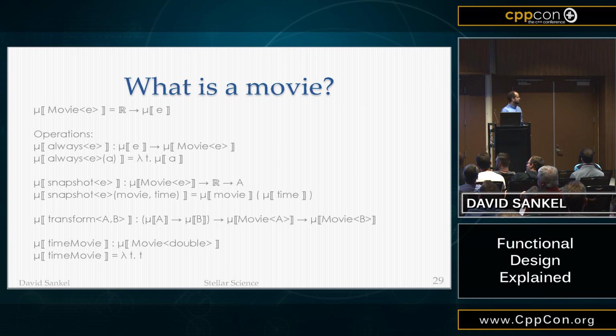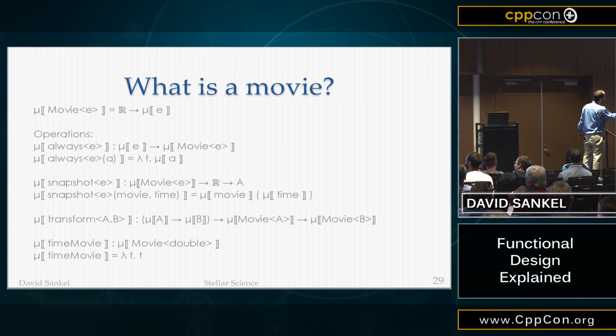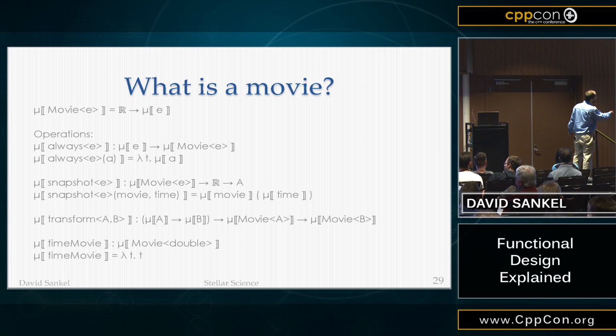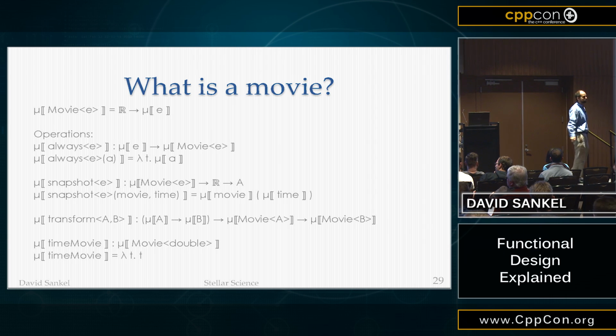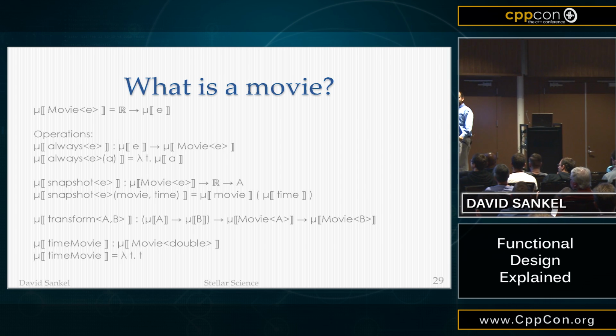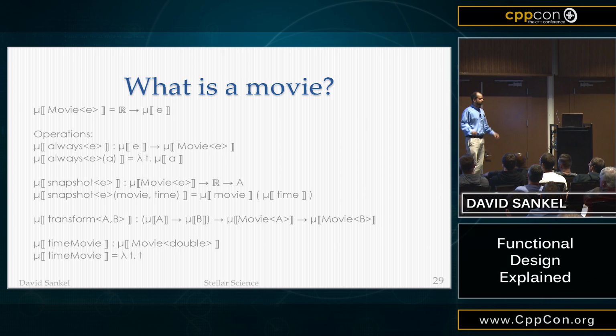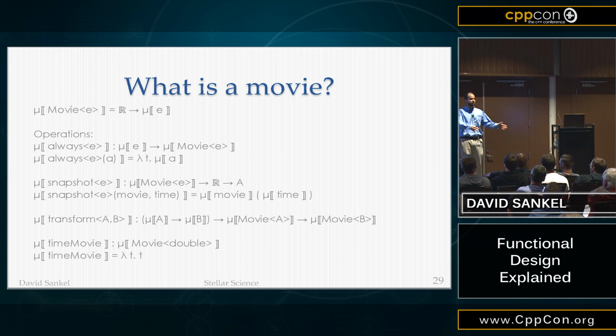We can transform things. So this one's kind of fun. Transform takes in something which converts an A to a B, takes in a movie of type A and returns a movie of type B. So let's say you have a black and white movie and you want to give it a little purple hue or something like that, but now it's not a black and white movie anymore.